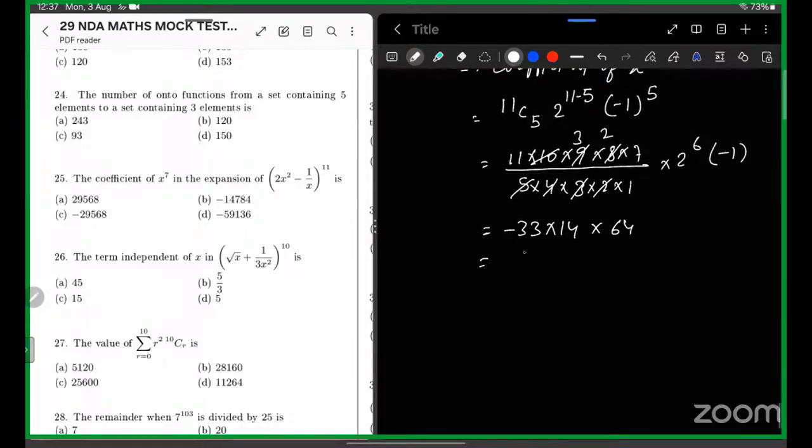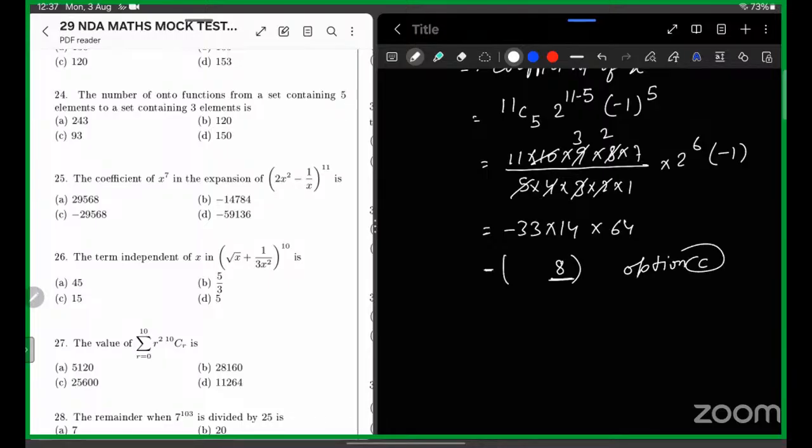We multiply it to get 16 into 18. At the last, we will be getting 8. So they should check the ones digit. The ones digit we are getting: 16 and 18, it is 8 at the last place and with a negative sign. So only one option, option number 3, is matching.